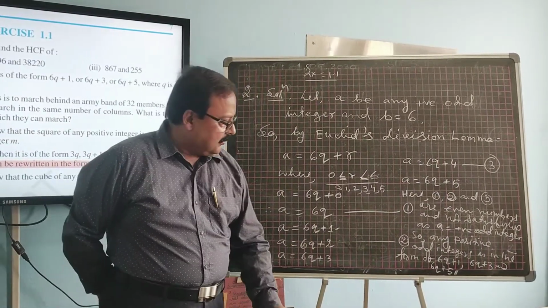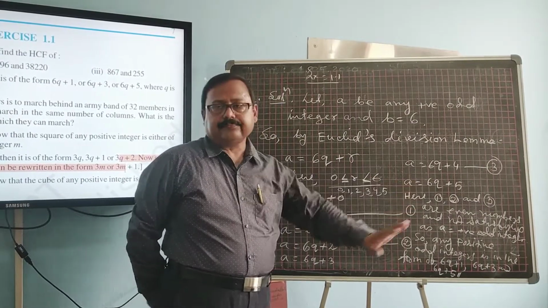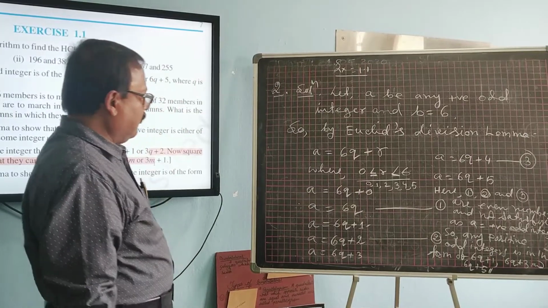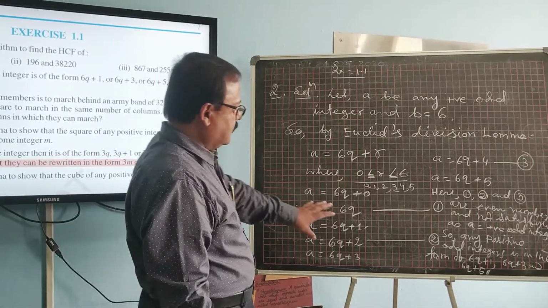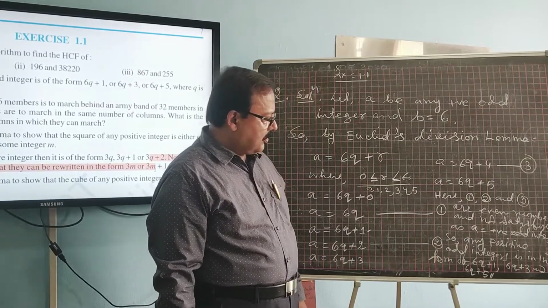So these are the numbers you can exclude from among the numbers.